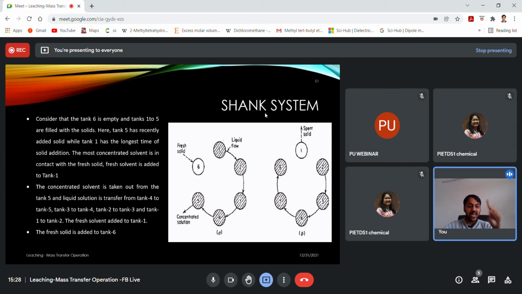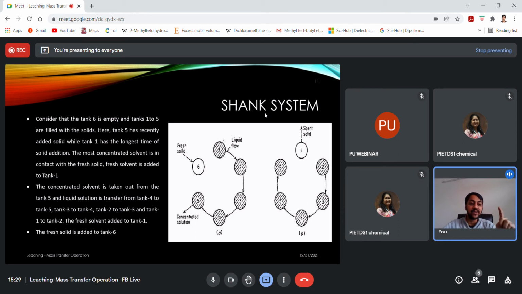So fresh solid is contacted with the 5th-time solvent, the mixture that comes from 1 to 2, 2 to 3, 3 to 4, 4 to 5. So the liquid has already performed 4 times extra leaching, and we are adding it to the fresh solid.